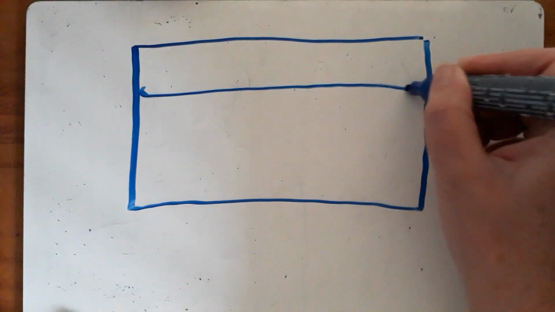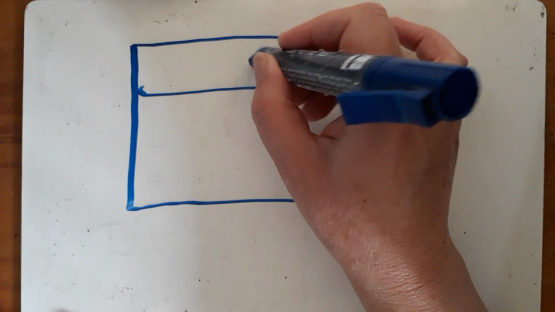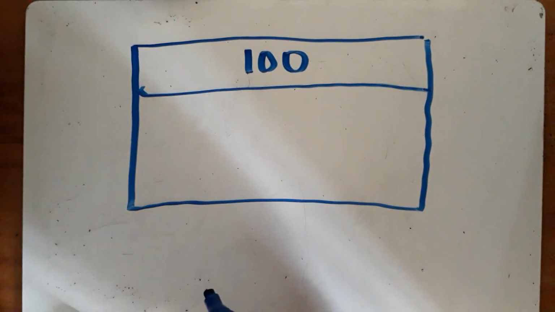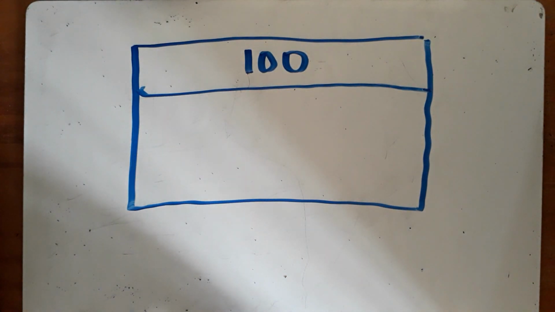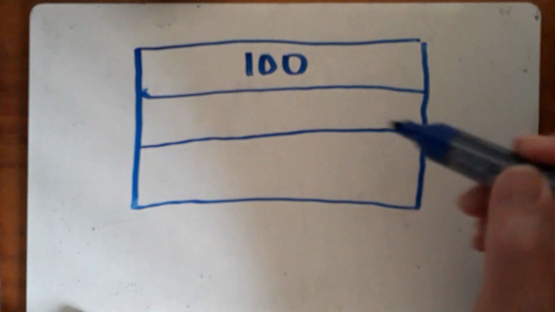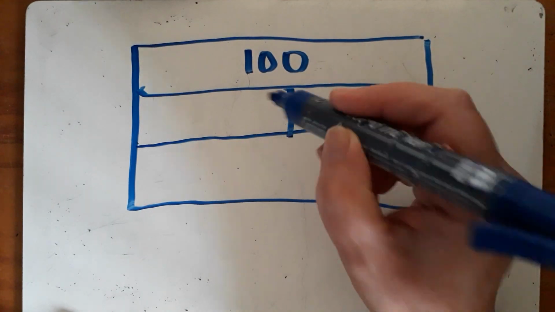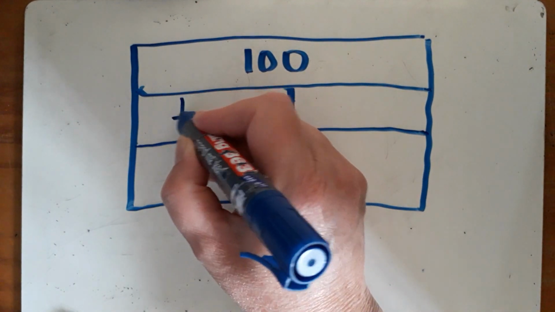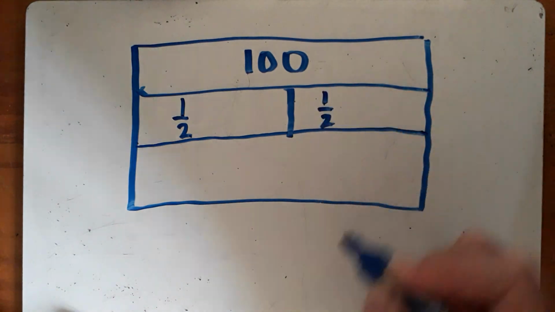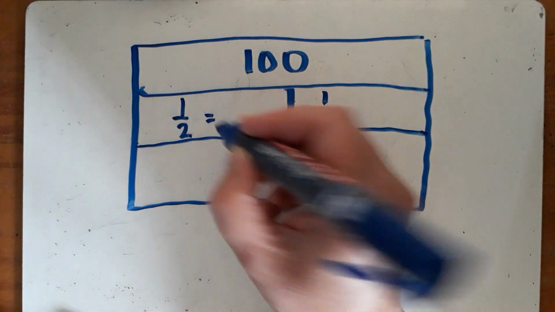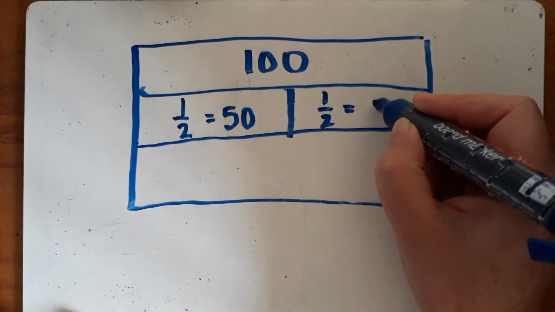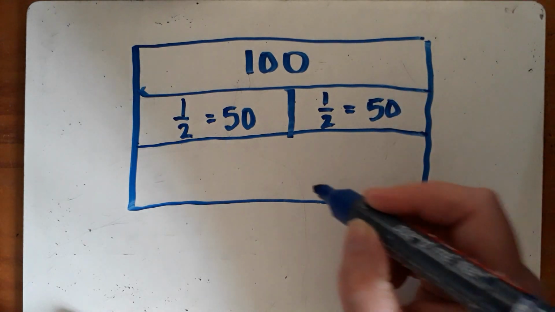So we know that in our whole of our 100 square, there are 100 parts. And then if we're writing our fractions, so this is the half, and this one is a half, we know that that is worth 50, and that is worth 50.